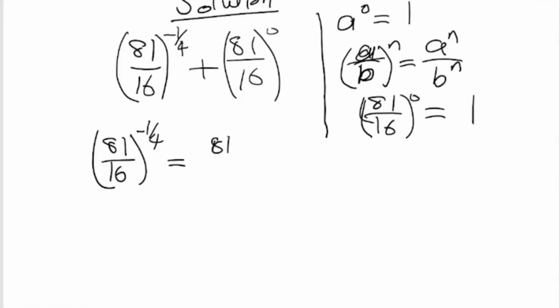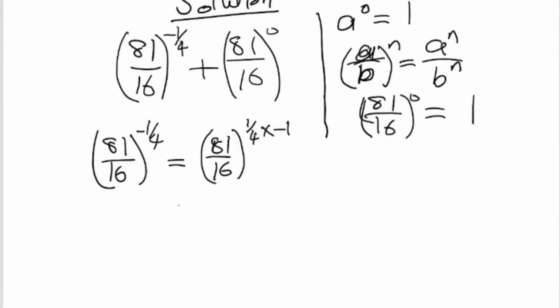I'll indicate 81 over 16, and because I know that there's no negative root, I would write the power as positive 1 over 4, then multiply this by negative 1, so that I concentrate on getting a positive root and then later apply the negative power.